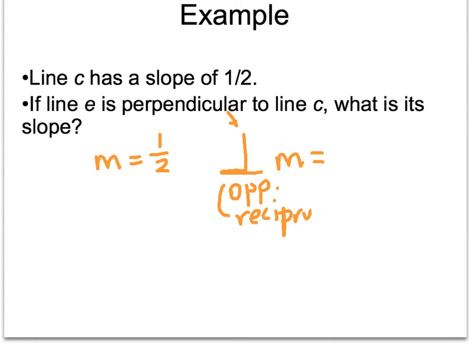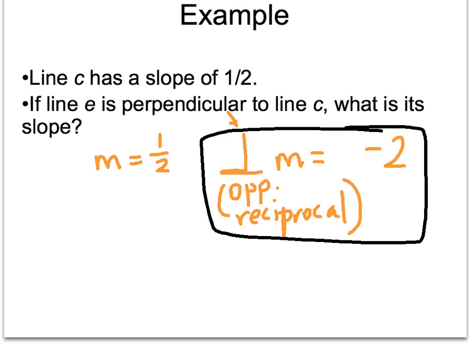That means I change it to negative since this one is positive, and the reciprocal means I flip the fraction. So the reciprocal of 1/2 is 2. So this would be the perpendicular slope, and I can check that by checking the product of the two slopes. The product of the two slopes should be -1, and that indeed is true.